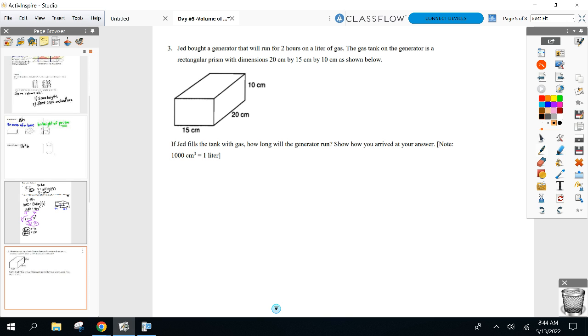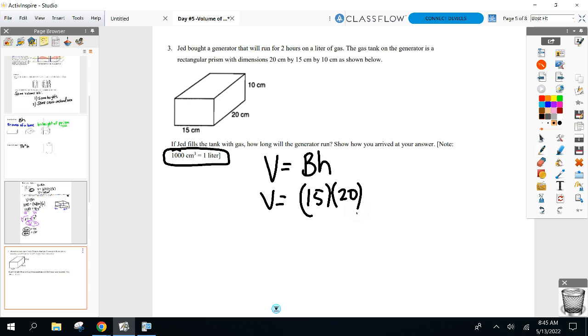And note, I gave you a little conversion here. For every 1,000 cubic centimeters, that's a liter. So I see cubic centimeters. That automatically tells me we're not in the area part. We're not in surface area. We're not in lateral area. We're in volume. And it's a rectangular prism, so I'm going to roll with BH. 15 times 20 for the area of the base, times 10.